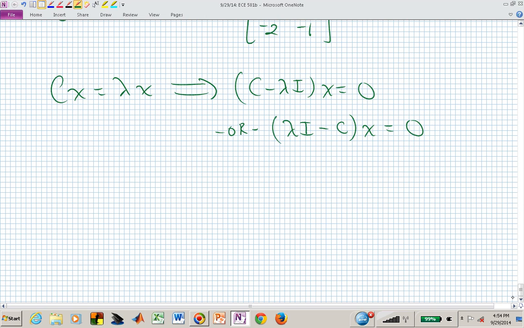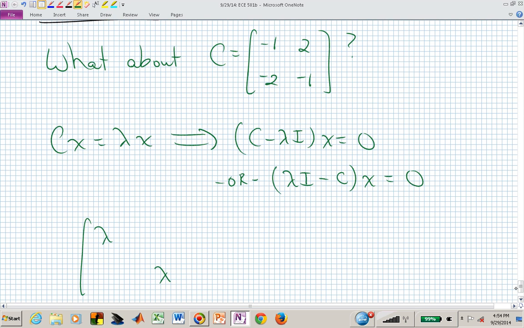So I may say C minus lambda I or lambda I minus C. If we do lambda I minus C, then I have lambdas on the diagonal, and I subtract the C matrix from that. So I subtract 1 from both diagonals, and I subtract 2 from the upper right-hand corner, and I add 2 to the lower left-hand corner by subtracting the C matrix.